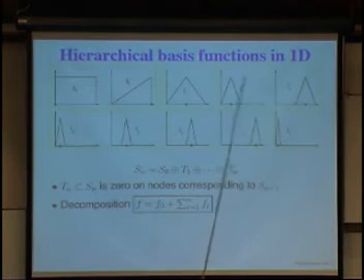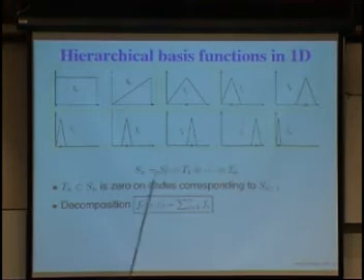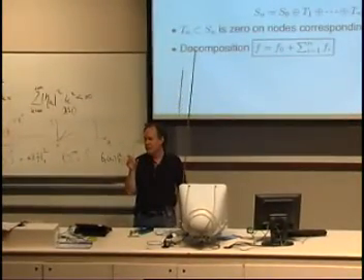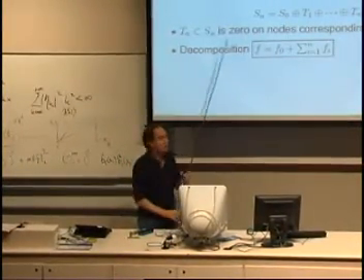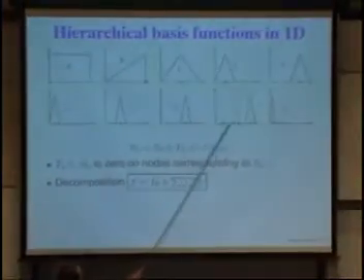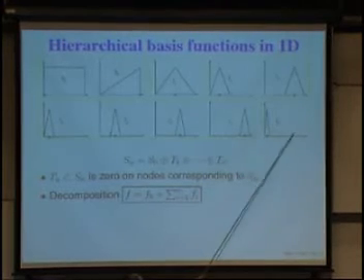These belong together in the sense that they have the same scale. You see here our basis functions encode a certain scale, which is given by the width of these basis functions. And here you have 1, 2, 3, 4 basis functions which have a finer scale, and then we have even finer scale.